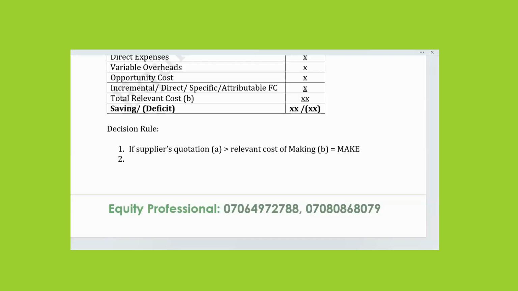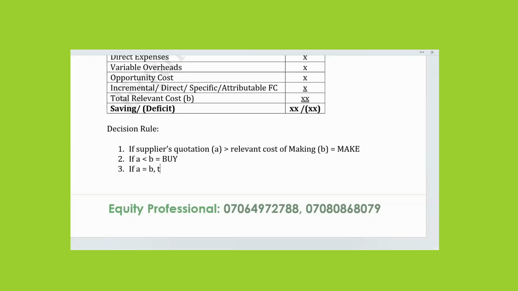Number two, if A is less than B, what are you supposed to do? You buy. All right. Then C, if A is equal to B, what are you supposed to do?